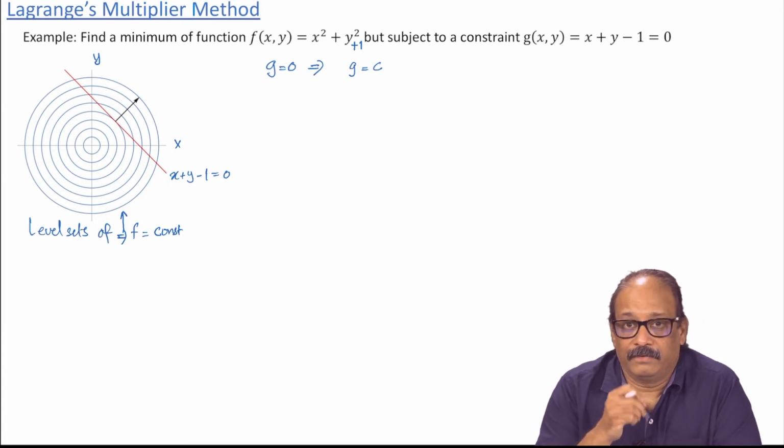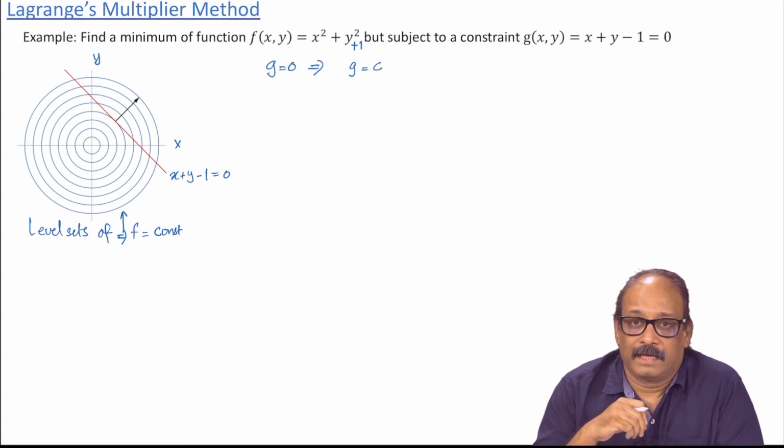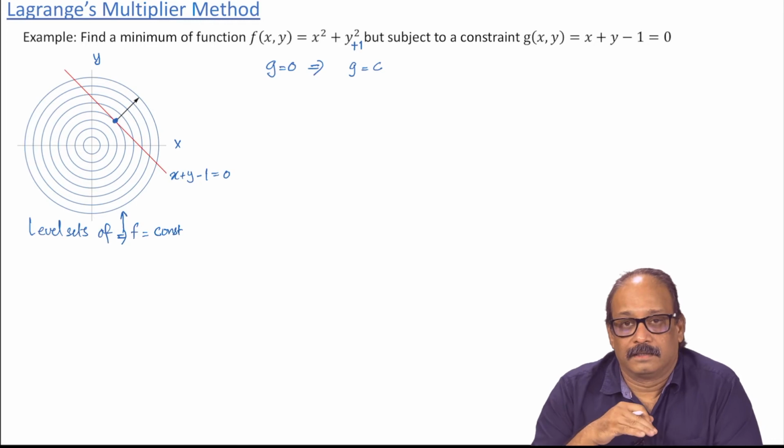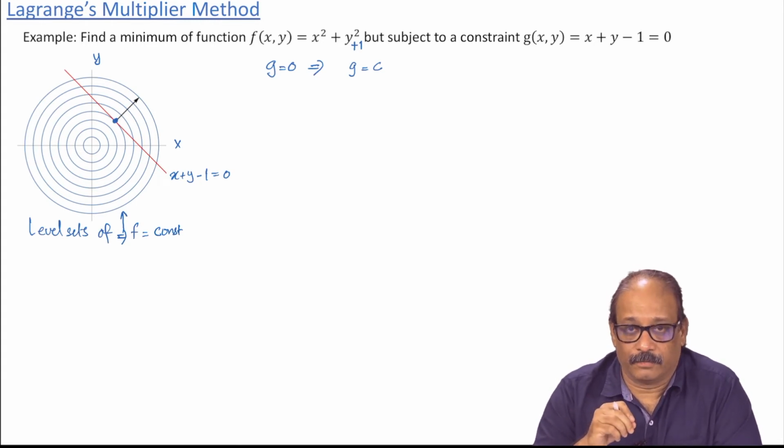And when we want a minimum as we travel along the red line, at this point the variation in the function must become 0.